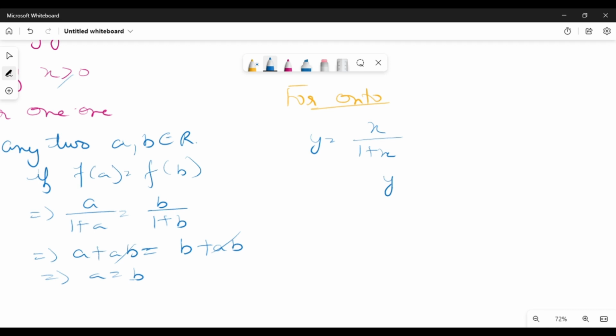If I take the value of x as 0, what will the value of y be? 0. If I take x as 1, what will the value of y be? 1 over 2. If I take x equal to 5, then y is equal to 5 over 6.